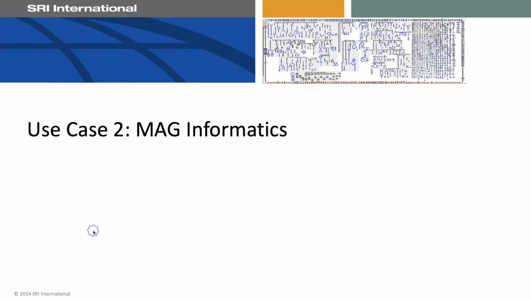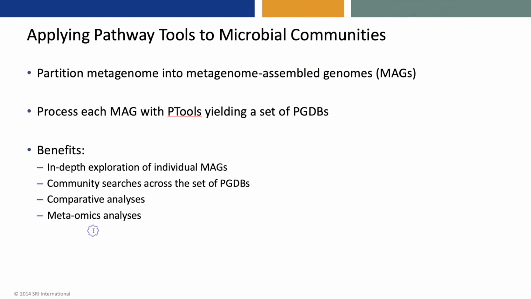Now, the next use case I want to consider is what I call MAG informatics. The idea is Pathway Tools provides a number of ways of analyzing the metagenome assembled genomes that are assembled out of a metagenome. And the idea is that first, some software outside Pathway Tools partitions a metagenome into these separate genomes assembled out of the metagenome to reflect different members of the overall microbial community.